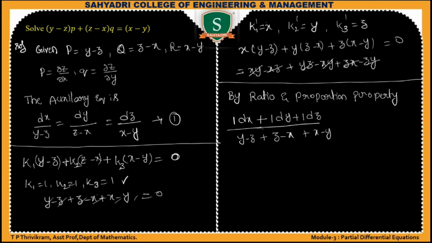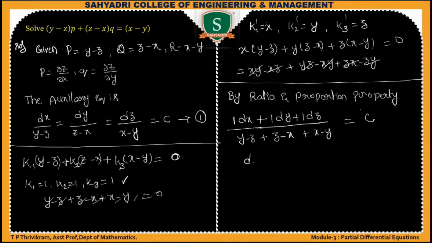In the denominator we'll get 0, obviously. And this must be equal to some constant C, because all these ratios will be the same. Take it as equation 1. I have equated it to C.